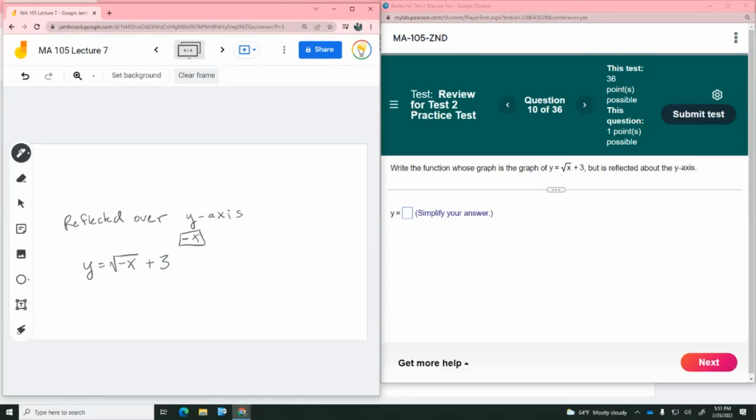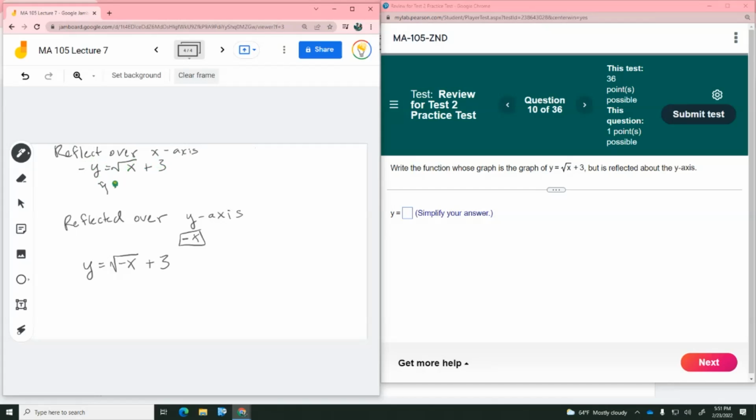If it was asking me for reflecting over the x-axis, then I would do y equals negative. If I was reflecting over the x-axis, I would put a negative in front of the y instead, which means to get back to just y equals, I'd have to multiply negative y out by everything.